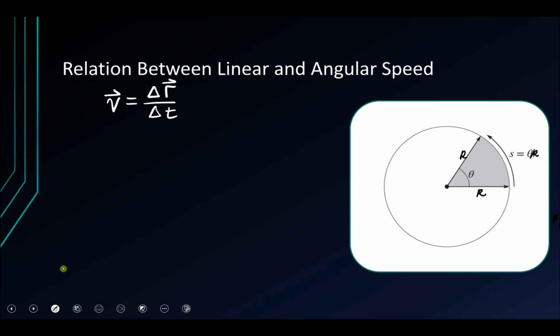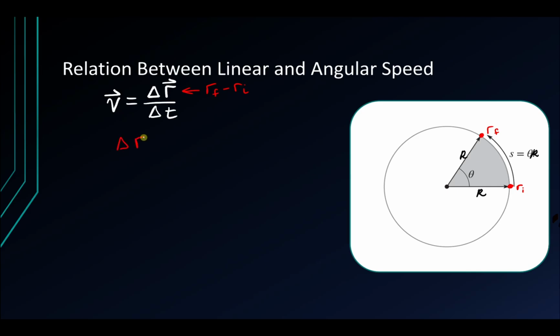There is a relationship between linear velocity and angular velocity, or, if we're thinking about the magnitudes, linear speed and angular speed. Our definition for linear velocity was this change in position, or this linear displacement, divided by a change in time. If I'm thinking about the rotation of this rigid object, yes, I have a change in theta, I have this arc length value, but I also have an initial position and a final position here. So my change in position is going to be r final minus r initial.